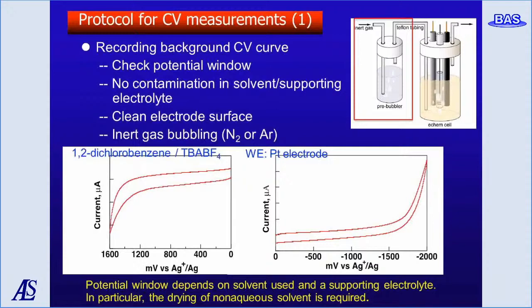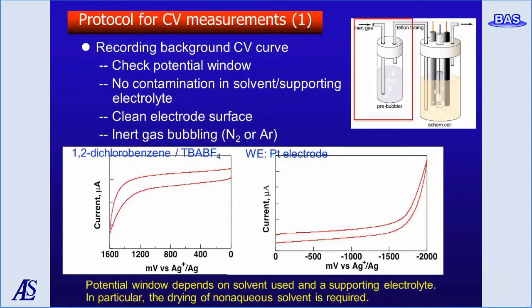Before measuring the CV of the analyte, inert gas is blown into the solution in order to remove dissolved dioxygen, because dissolved oxygen is redox active, so we have to remove dioxygen. Then, in order to check for any peaks from impurities in the supporting electrolyte or solvent, the potentials are scanned. Thus, we know the potential window under the present conditions.